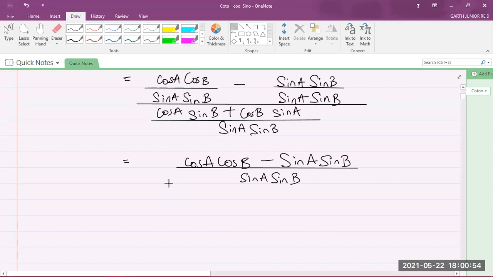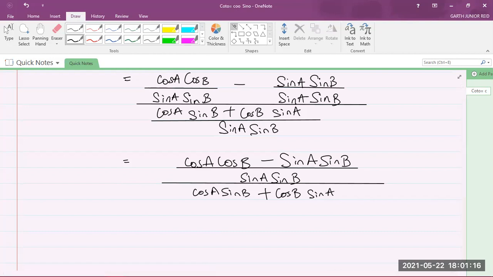And then I have all of this divided by the cos of A times the sine of B, plus the cos of B times the sine of A. And I'm dividing that now by the sine of A times the sine of B. So what do I have now?